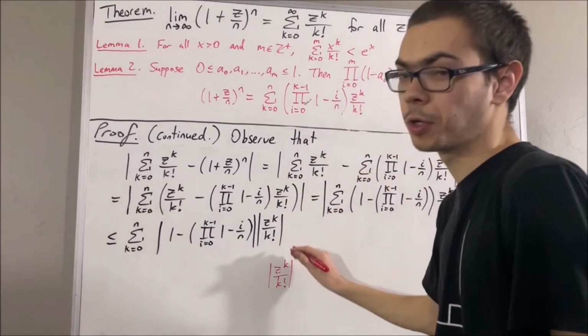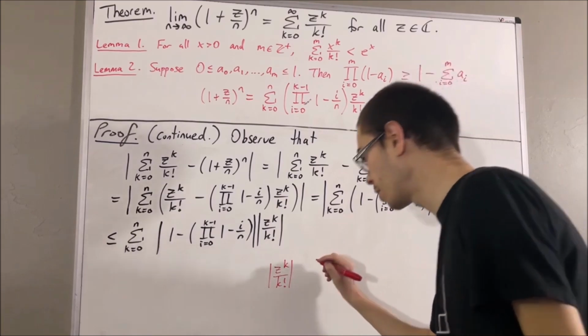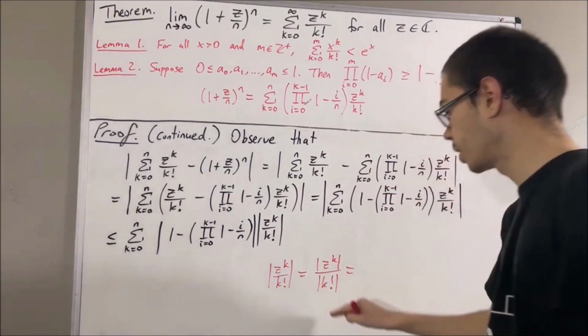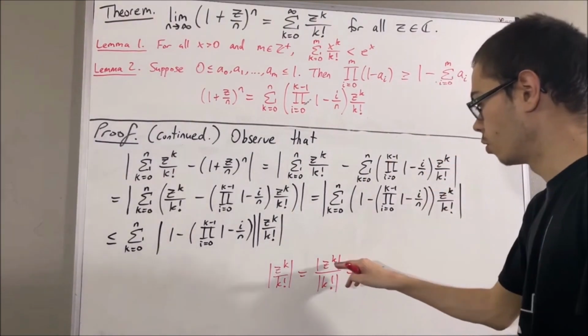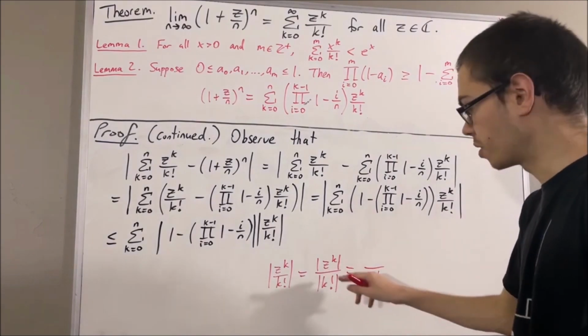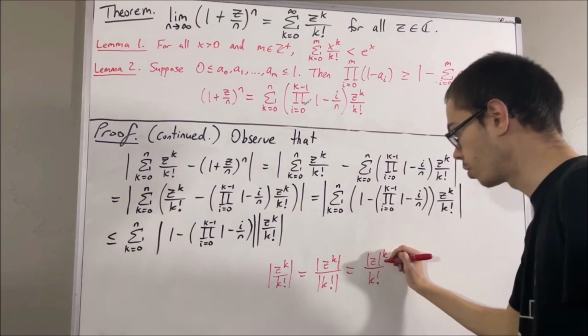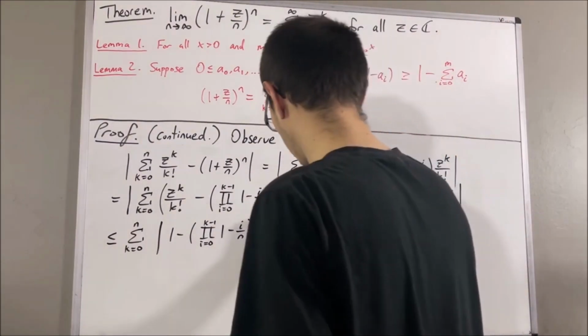We know that the absolute value of a fraction is equal to the absolute value of the numerator over the absolute value of the denominator. So we get this, but the absolute value of k factorial is just k factorial. And a property of absolute values tells us we can pull the k to the outside of the absolute value. So really, we can re-express this as this.